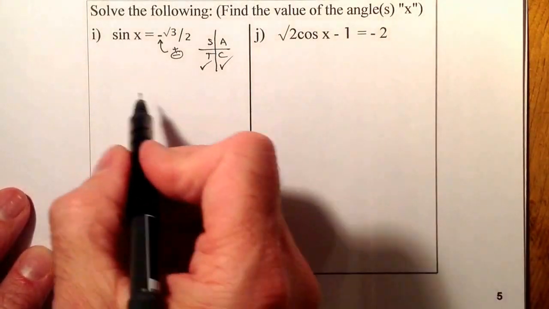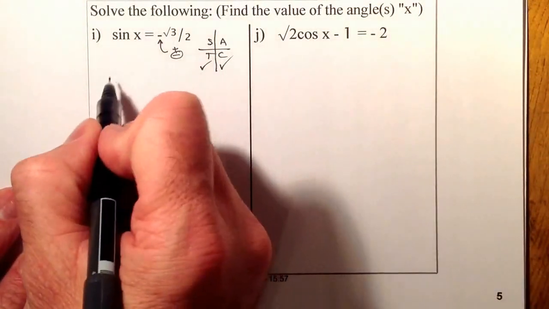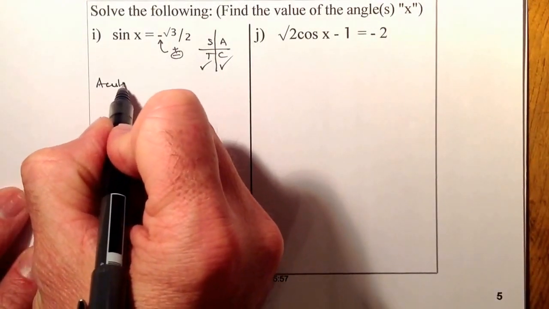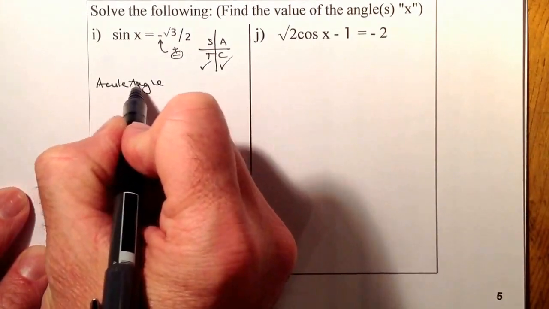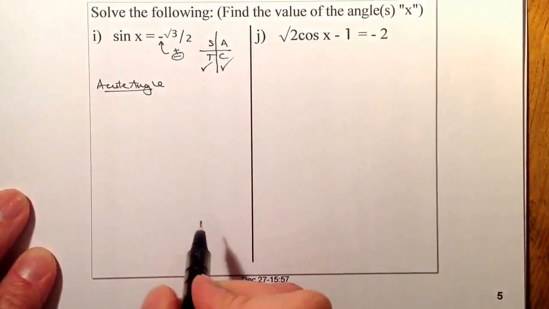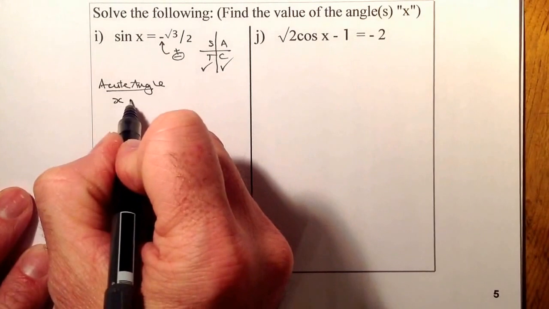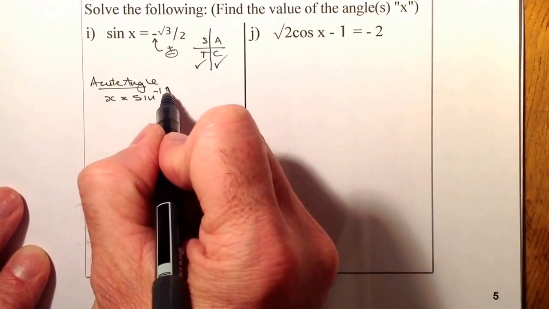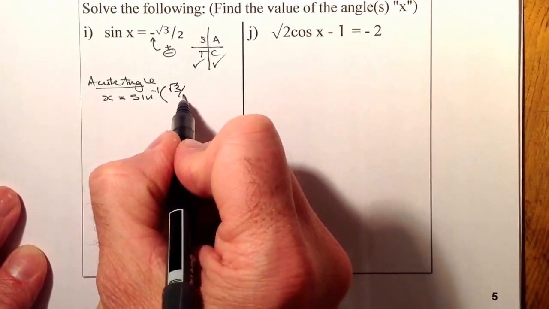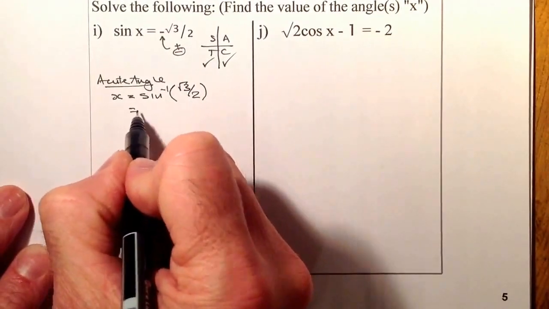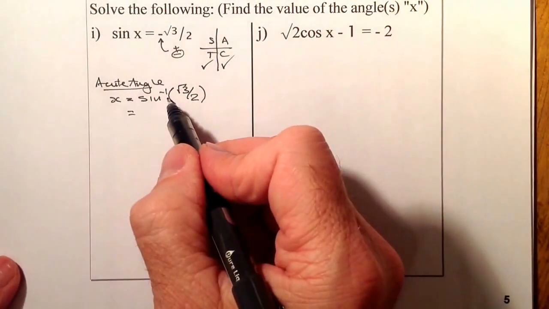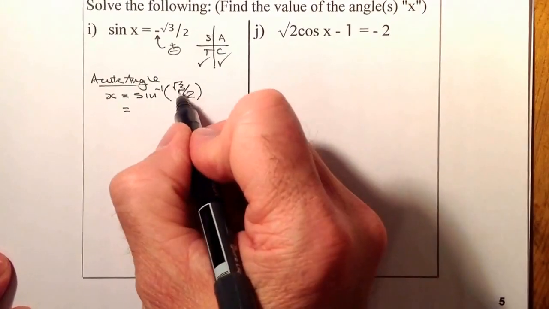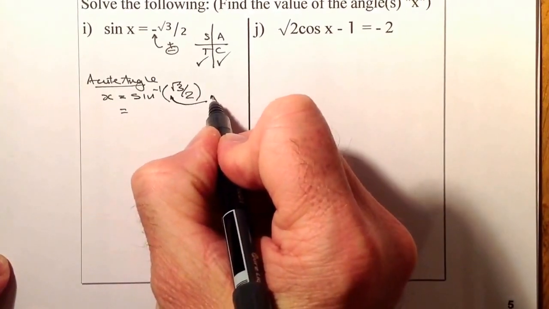So what I'll do first of all is try and find out the acute angle, because the acute angle is the one that's going to help me find my solutions. So it's going to be x is equal to the inverse sine of root 3 over 2. So again, remember, there's no negative value in there, so no negative.